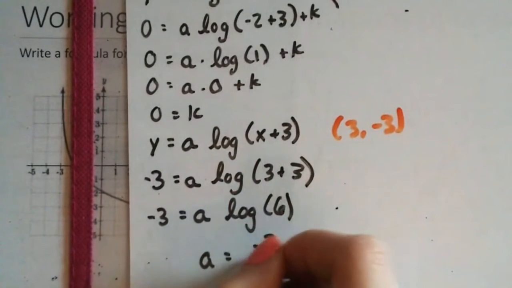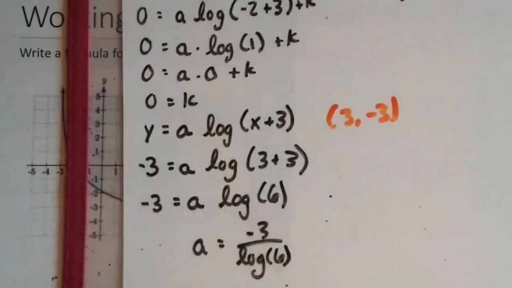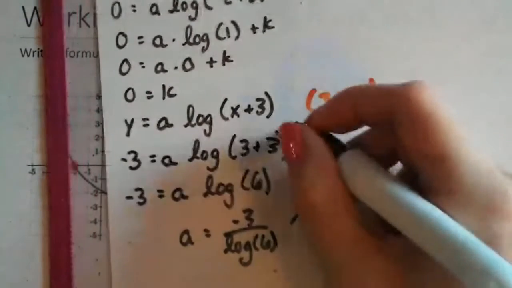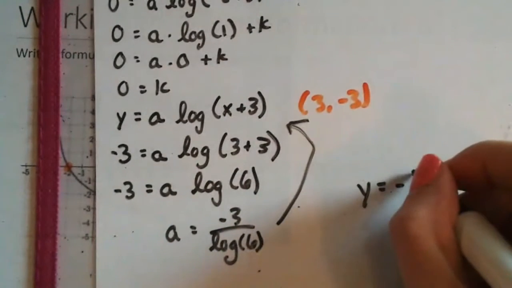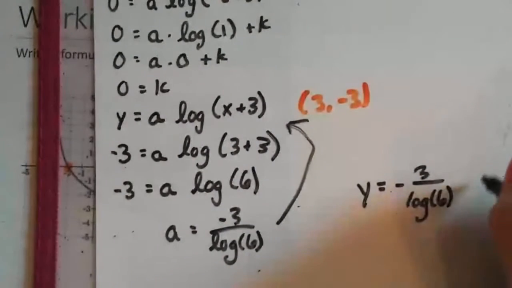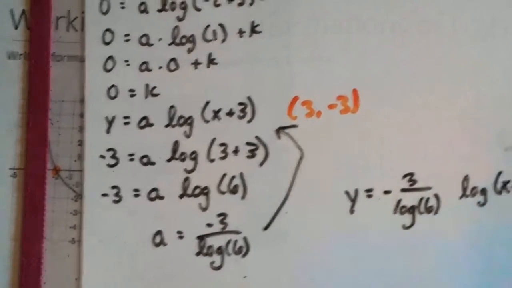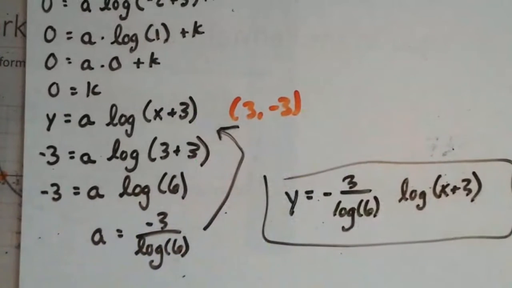So a is equal to -3 divided by the log of 6. Plugging that into our equation, we get that this is the graph of y equals -3 over the log of 6 times the log of x plus 3. That's what we're looking at.